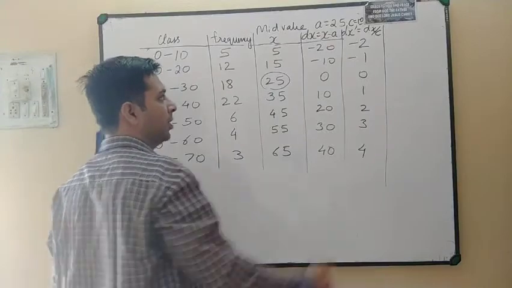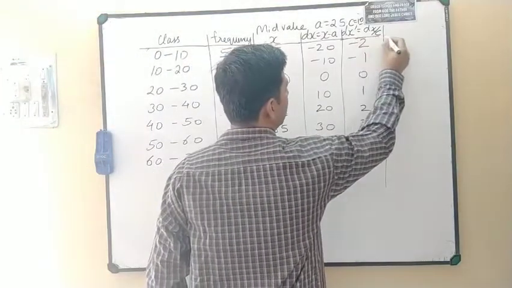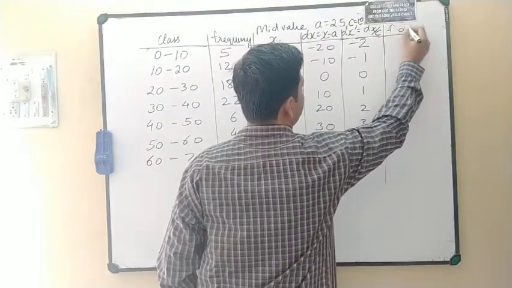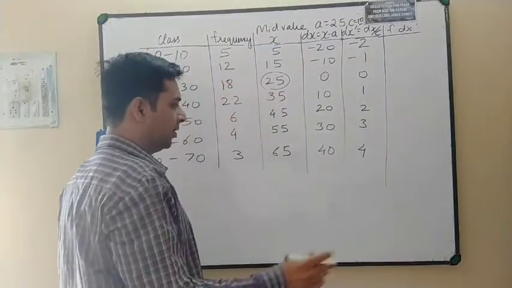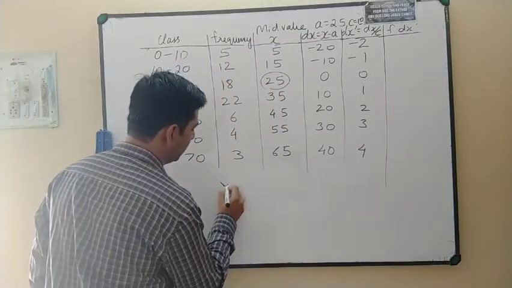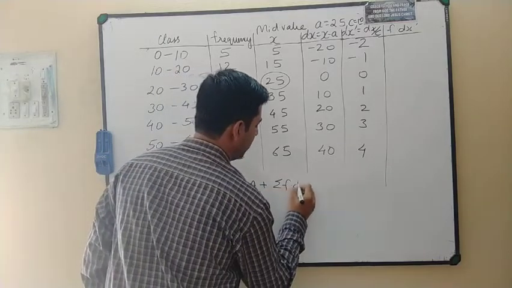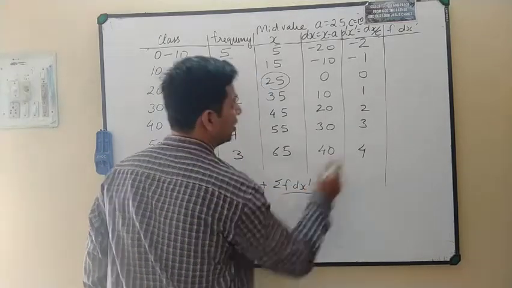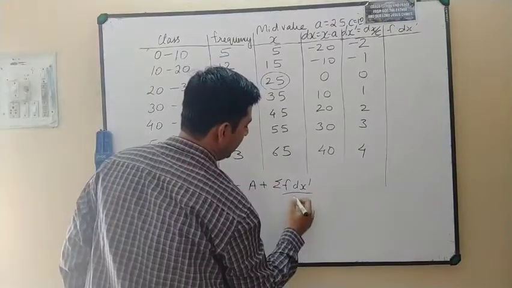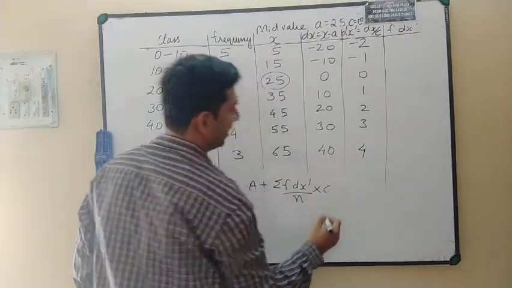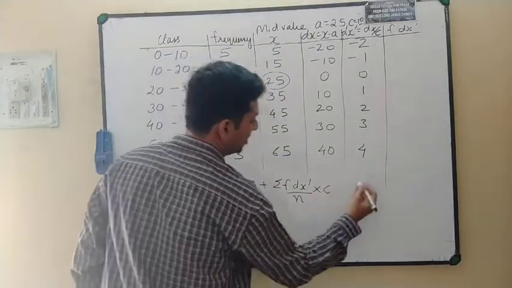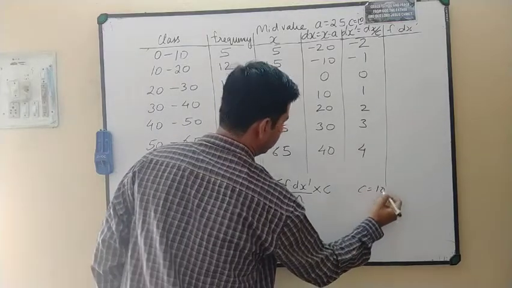Now the last column which will be made here is f into dx dash, and the formula you are going to apply is a plus sigma f dx dash, divided by n, into the common factor. The common factor we have taken, C, is 10, remember.